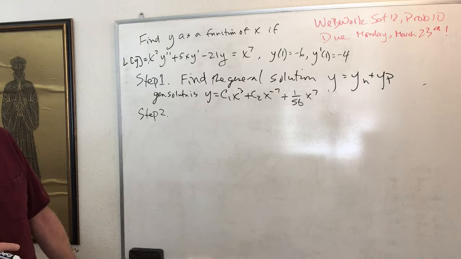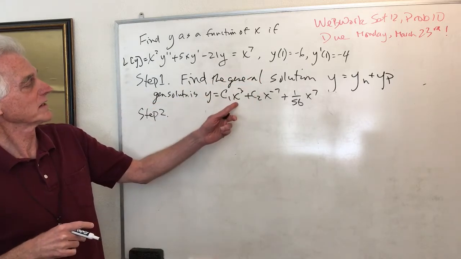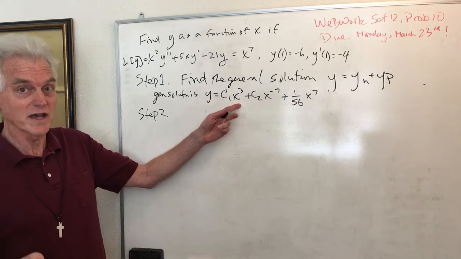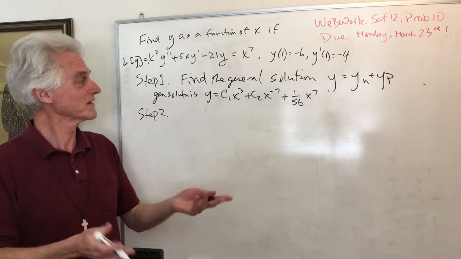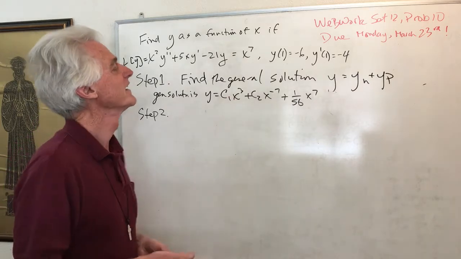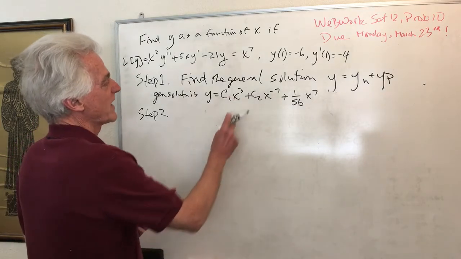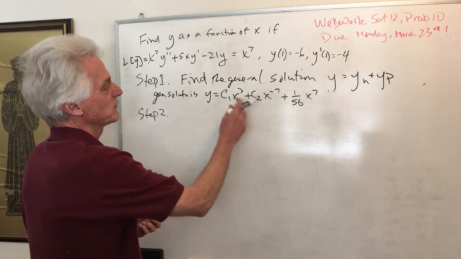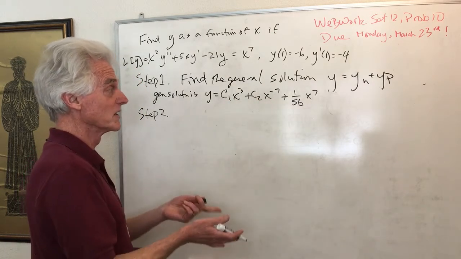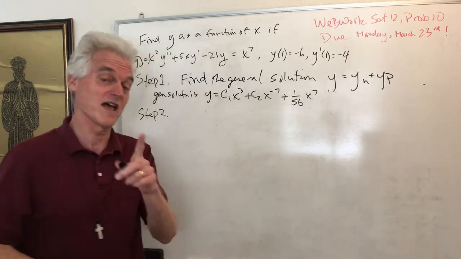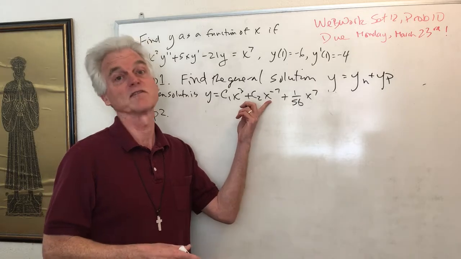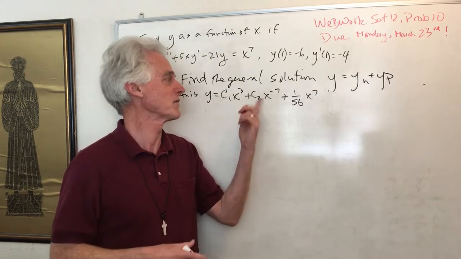You notice that this is where it comes in, evaluating all of these powers of x at x equals 1 is simple, right? 1 to the 3 is 1. 1 to the minus 7 is 1, right? So if I had to evaluate this at like x equals 2, I'd get really gross numbers. But even worse, if I wanted to evaluate this at x equals 0, I would have 0 to the minus 7, undefined. Bam! Can't divide by 0.